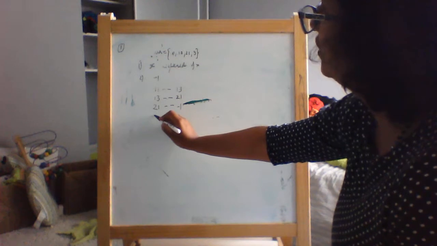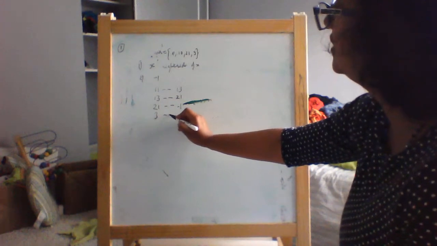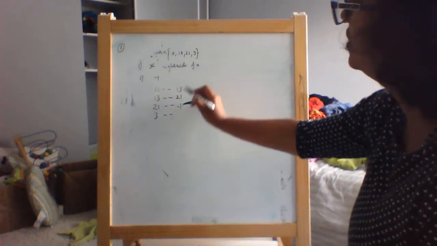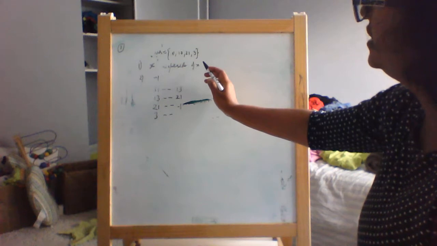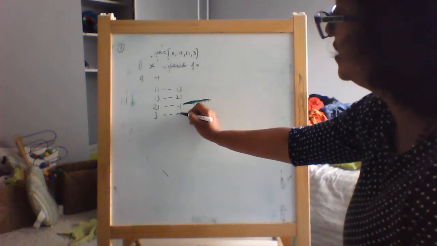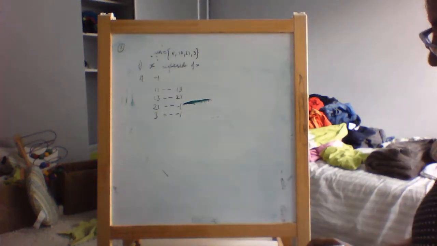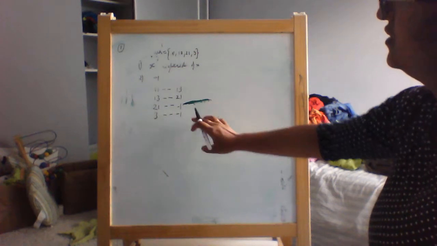Now for the element 3, the next greater element is -1, because there is no element on the right side of 3. So the next greater element is -1 here also. So this is the answer.